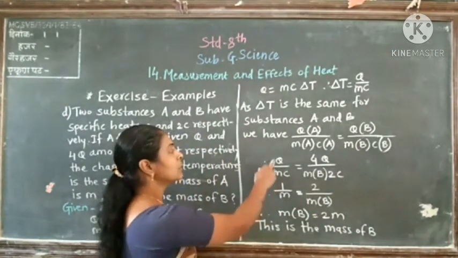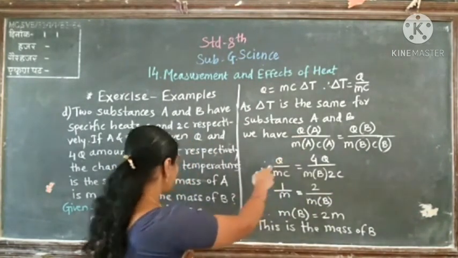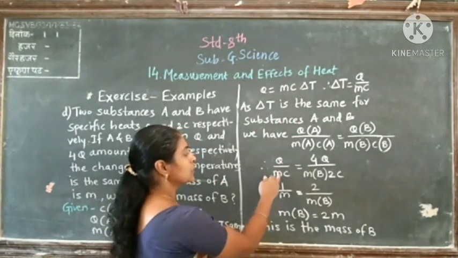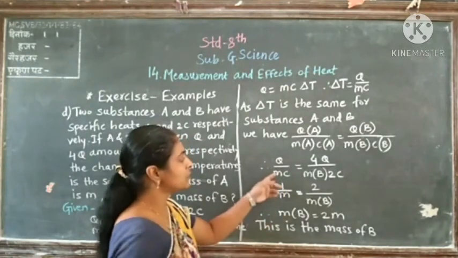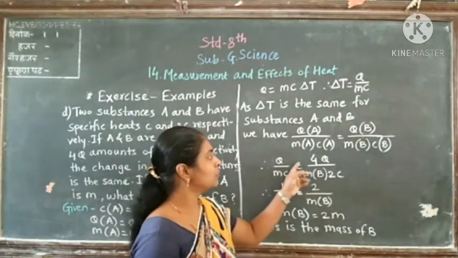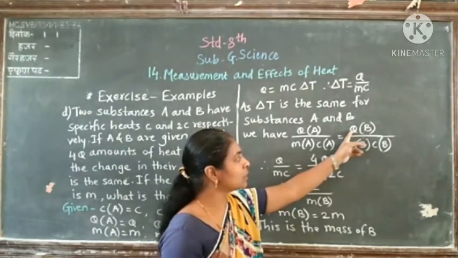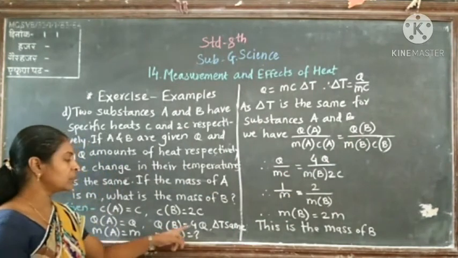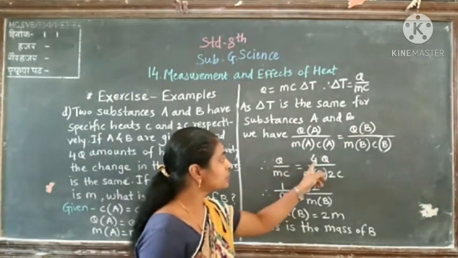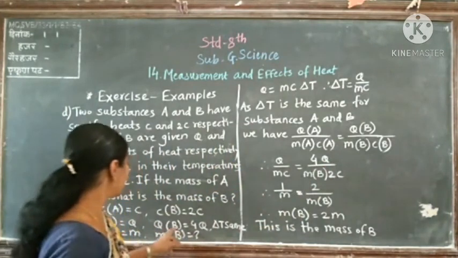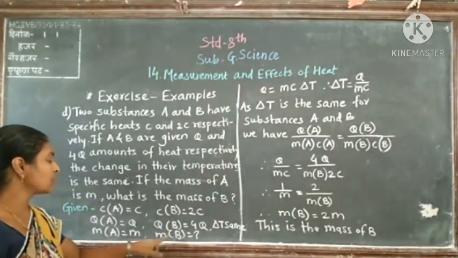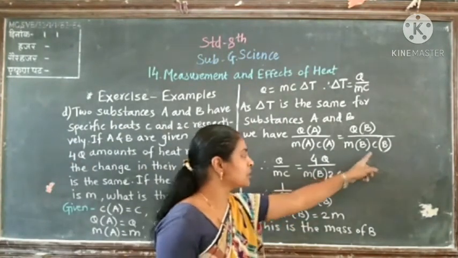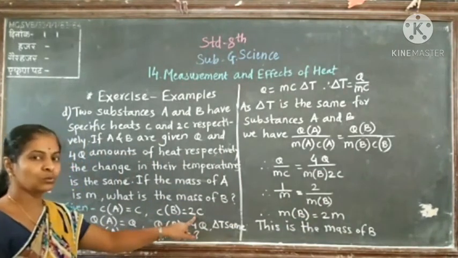Now see here heat of A is Q and mass and that are given here, Q upon mass into specific heat. Otherwise heat for B, amount of heat for B किती दिला आपल्याला इथं, amount of heat for B is the 4Q here, and mass of B it is the same as asking for us, तर त्याच्यामध्ये तसंच लिहिलं आपण, आणि specific heat for the B, that is the 2C.